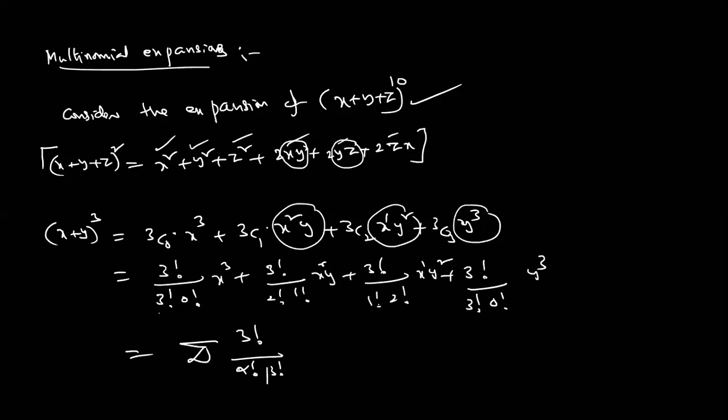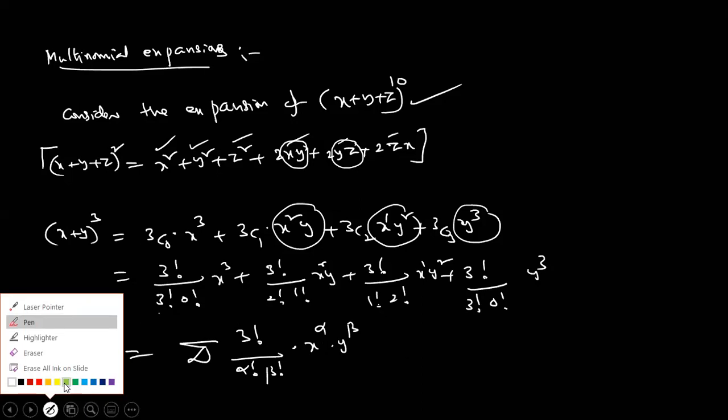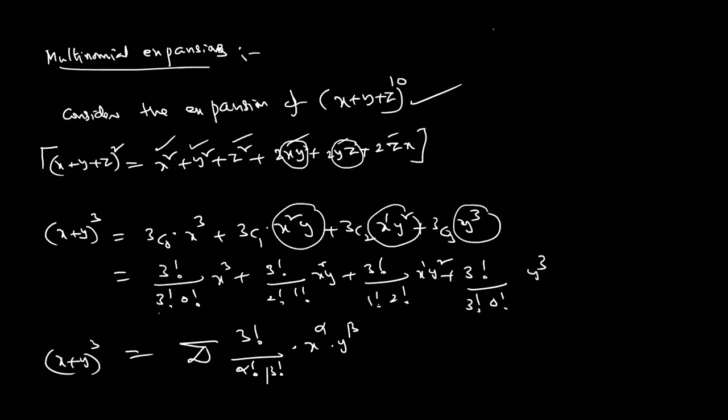Better I can take x1 y1, okay, no problem, into x power alpha into y power beta is coming. See carefully. Now, what about x plus y plus z whole power 10? Anyone please tell me, how to write?